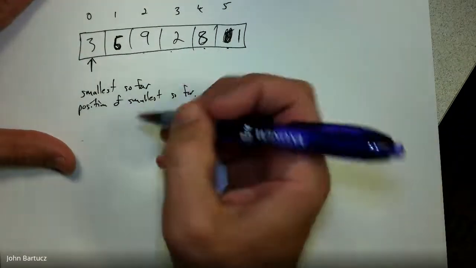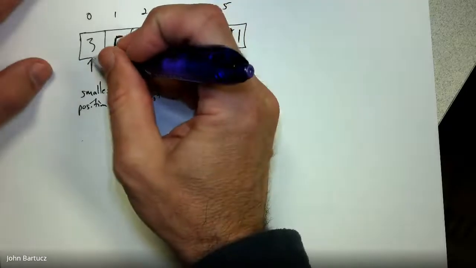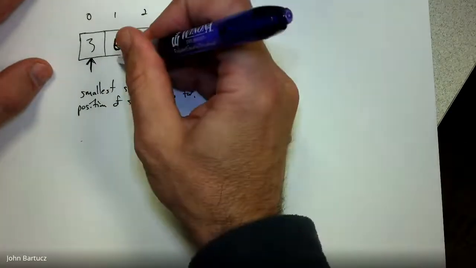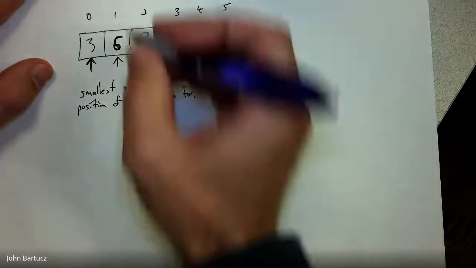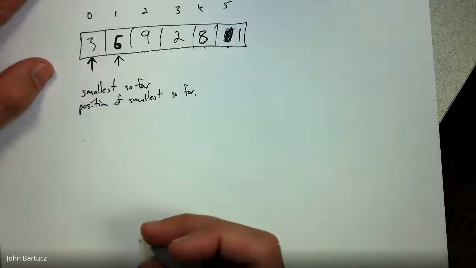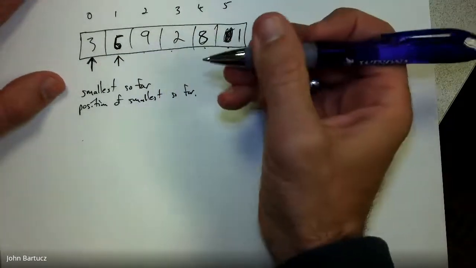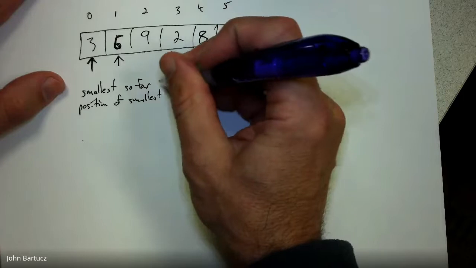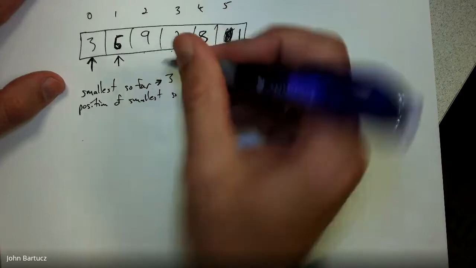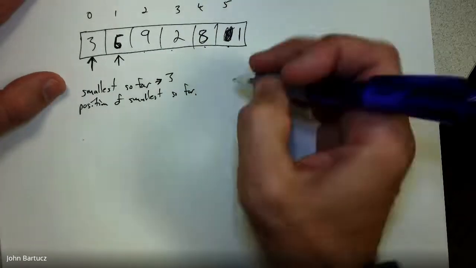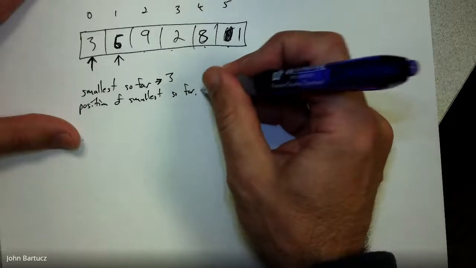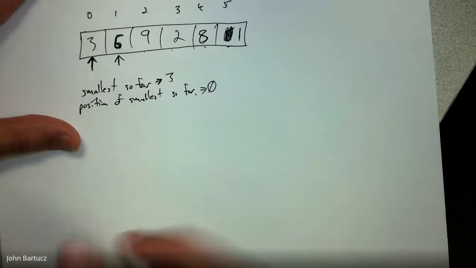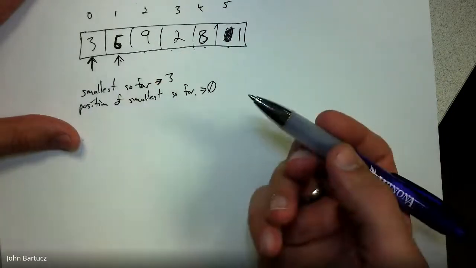Right? So what I'm going to do is I know I'm starting at 0, and then I look at the next one to the right. That's 6, a horribly drawn 6. So the smallest so far is 3. Right? It's still 3. We start with the number we're on. Position of the smallest so far is 0. We look at 6, it's not smaller.